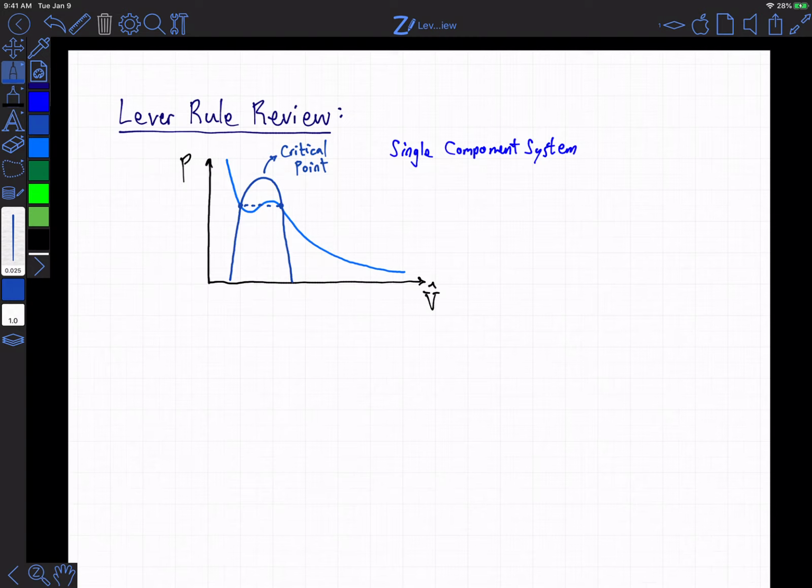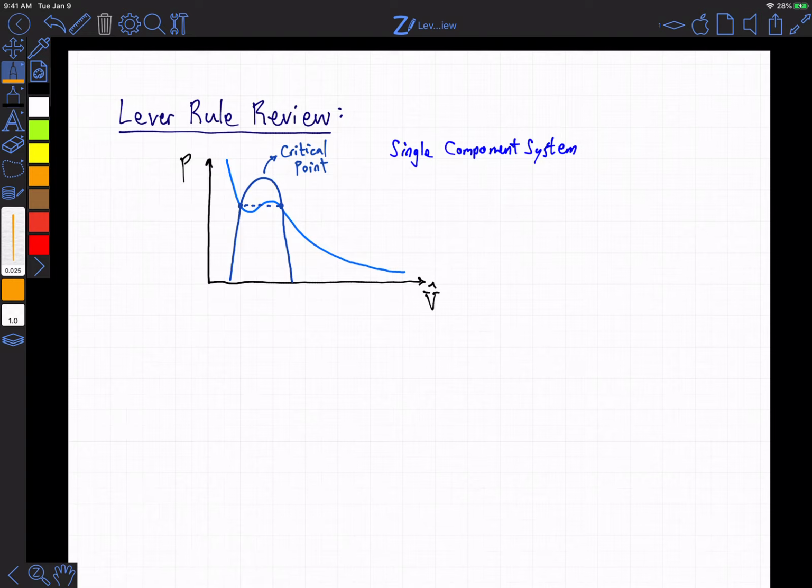Right, and so this is something we've seen before in terms of thinking about a single component system, and we know that if the specific volume of the system is somewhere along this tie line between the liquid and vapor sides of the two-phase region, then we know we're going to have a two-phase system that exists.